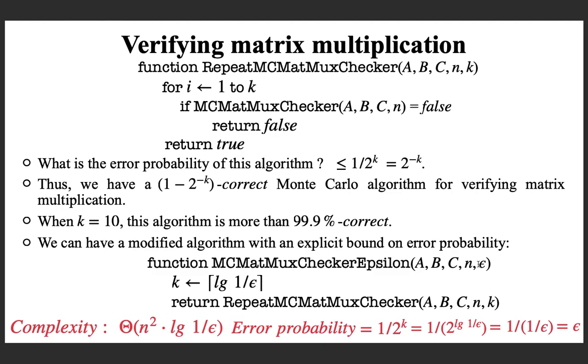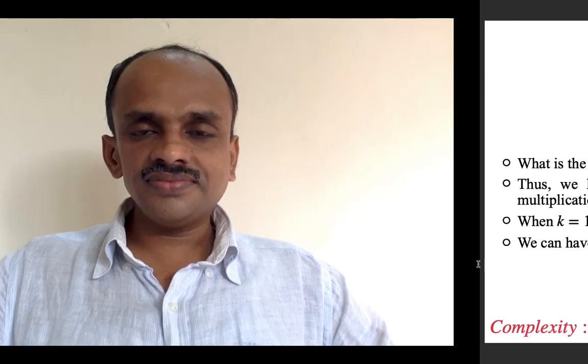With this, we are finishing this lecture. Today, we looked at probabilistic algorithms for verifying the correctness of a matrix multiplication. The naive deterministic algorithm takes order of n cube time, but we got a probabilistic algorithm whose complexity is order of n square.